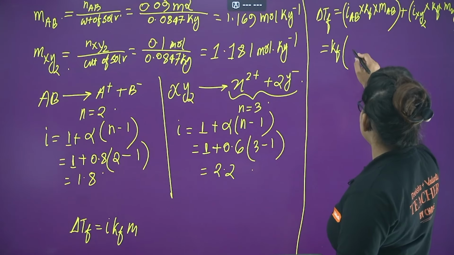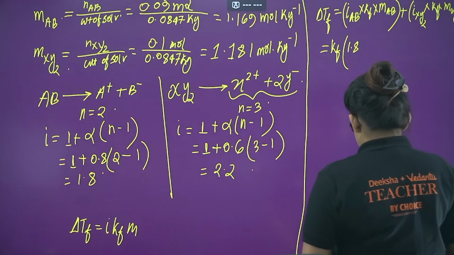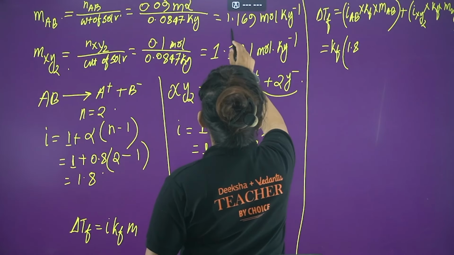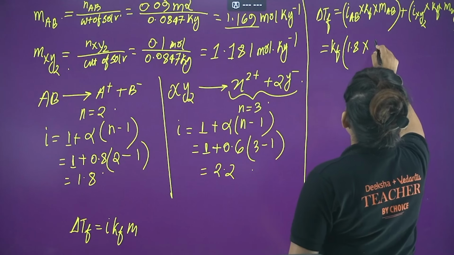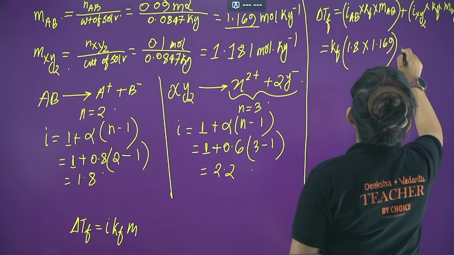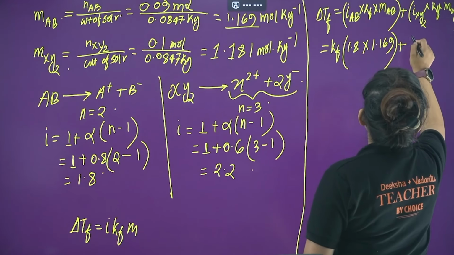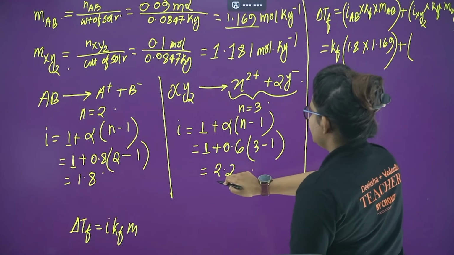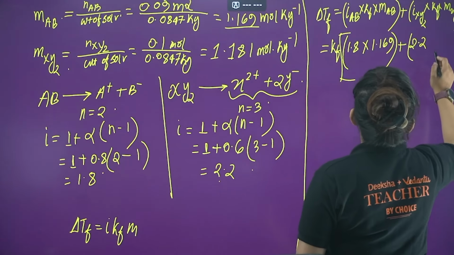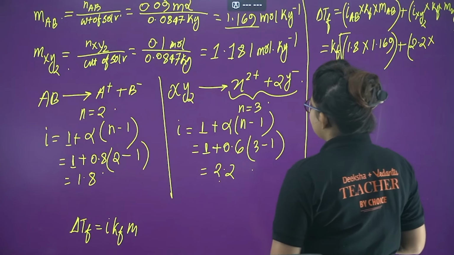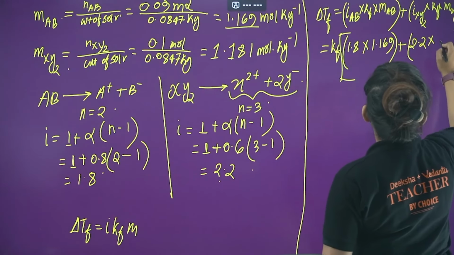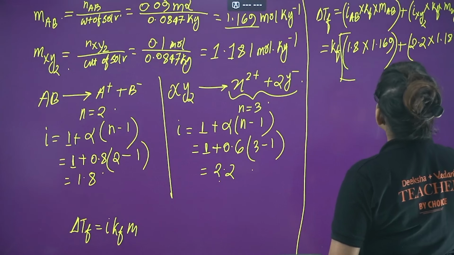I am getting 1.8, right? So 1.8 into molality of AB, which is 1.169, plus here i of XY2 is coming 2.2, and into, with KF taken outside, the molality is 1.181.